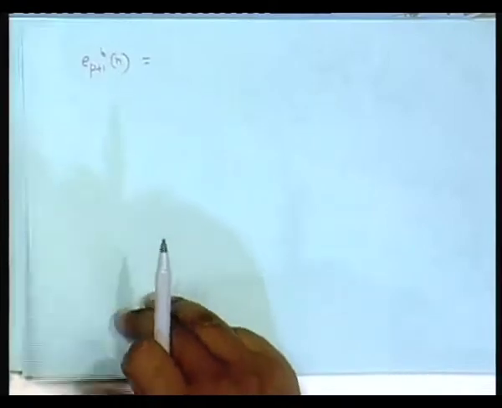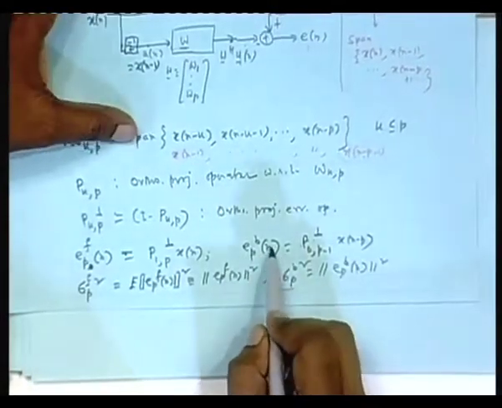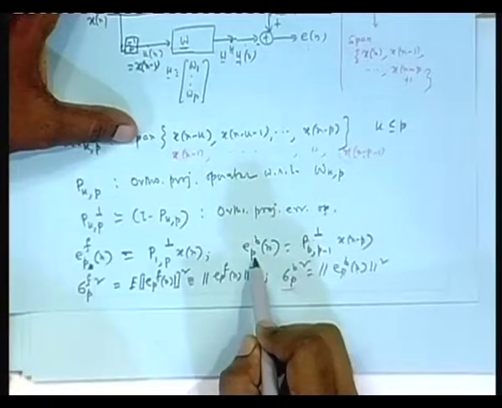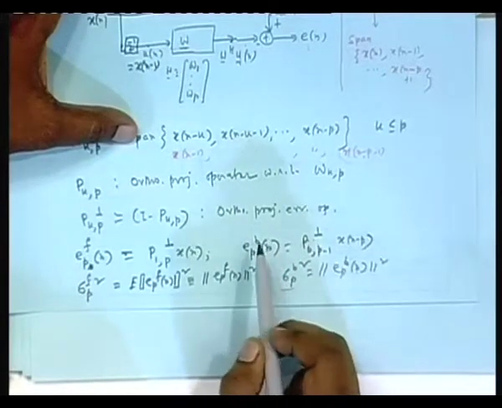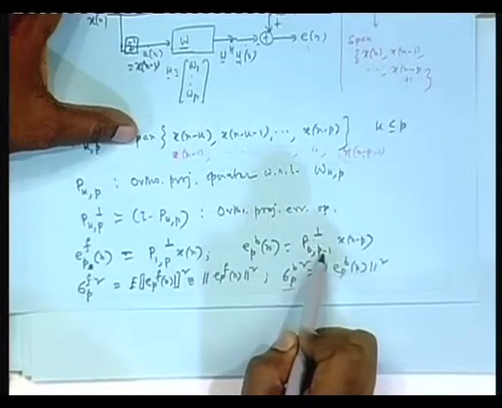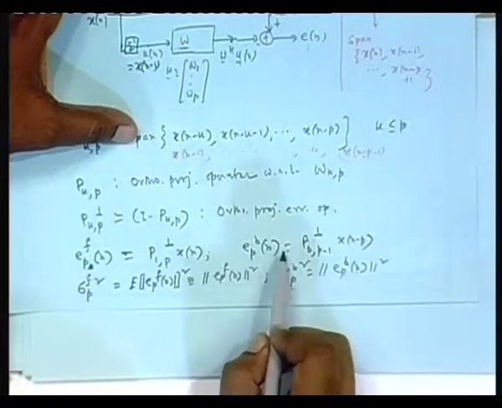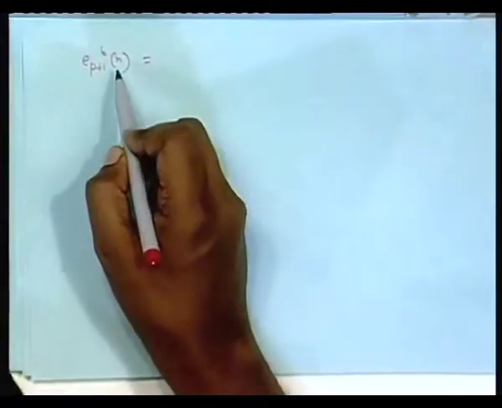What is E p B n, in case you have forgotten? E p B n means go to the past term n minus p and then look at the p future terms including current, so n minus 0, n minus 1 up to n minus p plus 1. On this span space, I project x n minus p. So, now I am going for this.